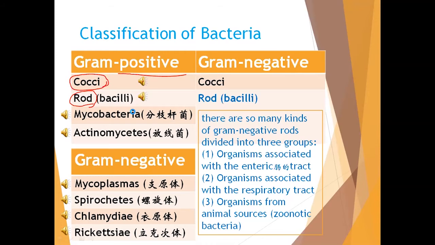Staphylococcus. One category we call Staphylococcus, meaning they are grouped together like a cluster. We will talk about some detail later. Another small category looks like they are connecting to each other like a chain: Streptococcus.